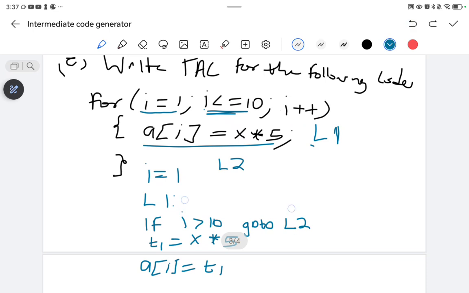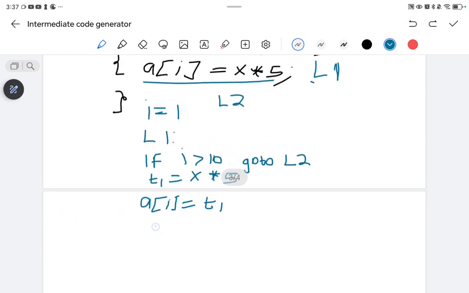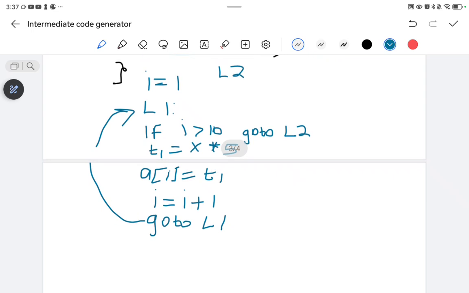So we must increment here: I will be equal to I plus 1, since incrementing is the same thing as adding 1. When that is done, it will go back to L1 and do the same thing, up until it is done. When it is done, it will go to L2, and L2 must be somewhere here.